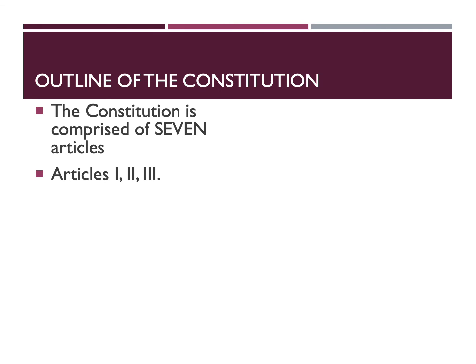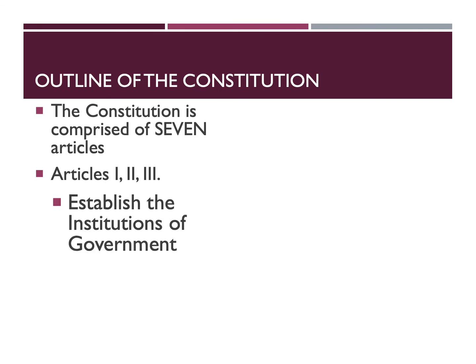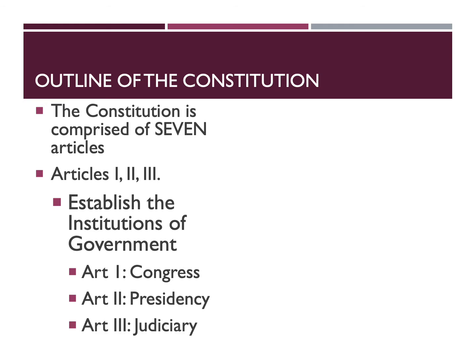So, Articles 1, 2, and 3 establish the institutions of government. Keep in mind, under the Articles of Confederation, there was only one institution of national government, and that was the Congress. This new Constitution creates a Congress, it creates a new branch, the presidency, and it also creates the federal judiciary.